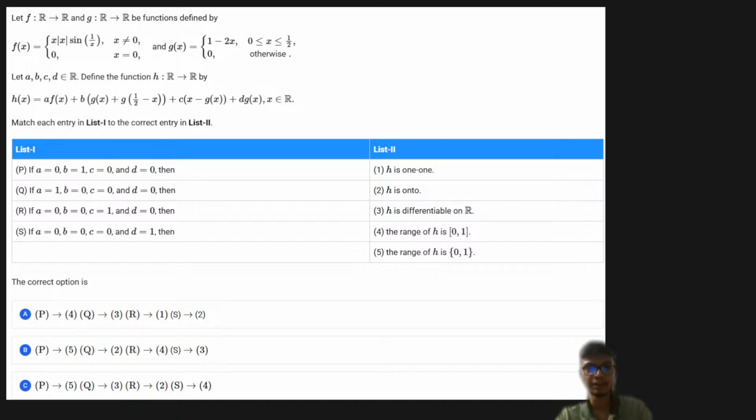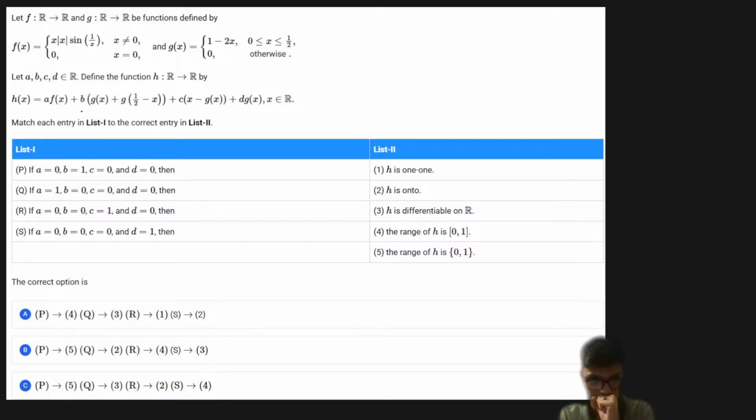It is said that for arbitrary values a, b, c, and d belonging to the real numbers, h is a function from real values to real values, and h of x is defined as follows, combining the g of x function. Now, based on the values of a, b, c, and d, you have to compare and tell which of the following results is going to be correct. So, please give it a try.